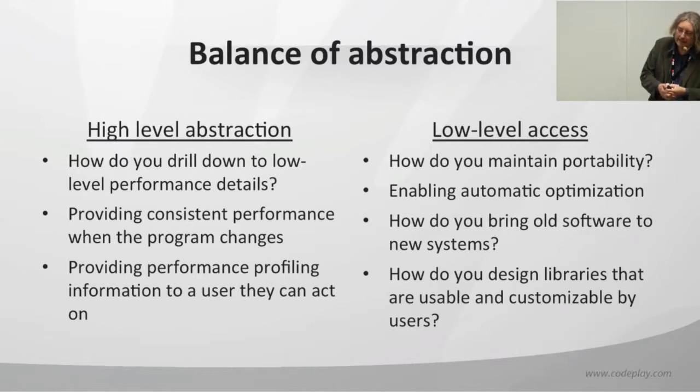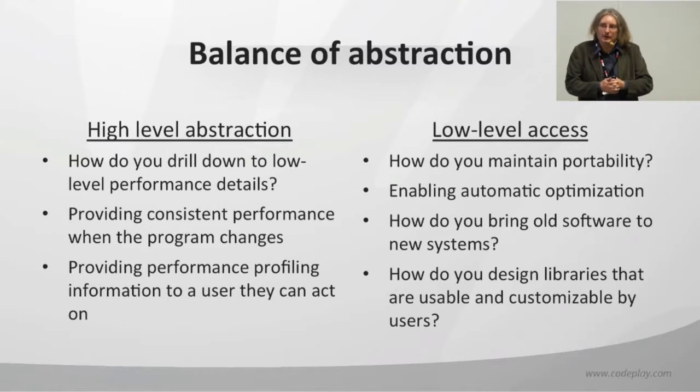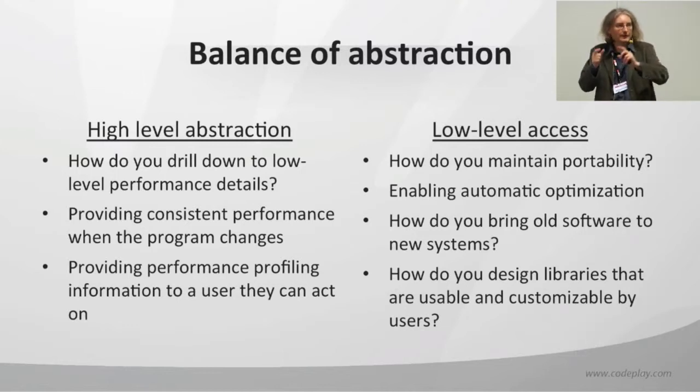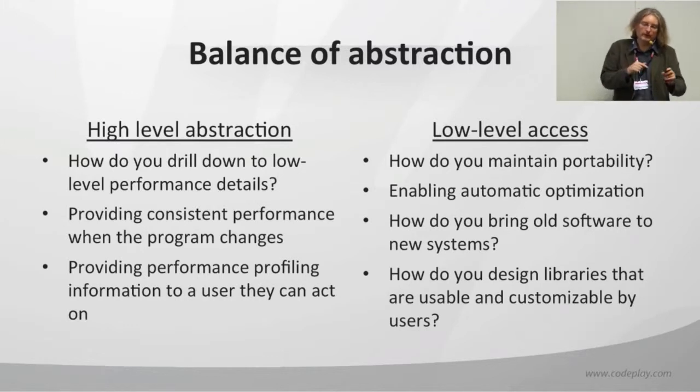But the reality is, if you give people a high-level abstraction, somebody in that company or development group is going to say, yes, but I know there's a special hardware feature that's going to work in my algorithm that I want to use. So if you're going to deliver a programming model to real developers who are going to be doing real optimization work, you've got to answer the question, how do you drill down to get to the low-level performance details of a particular system?